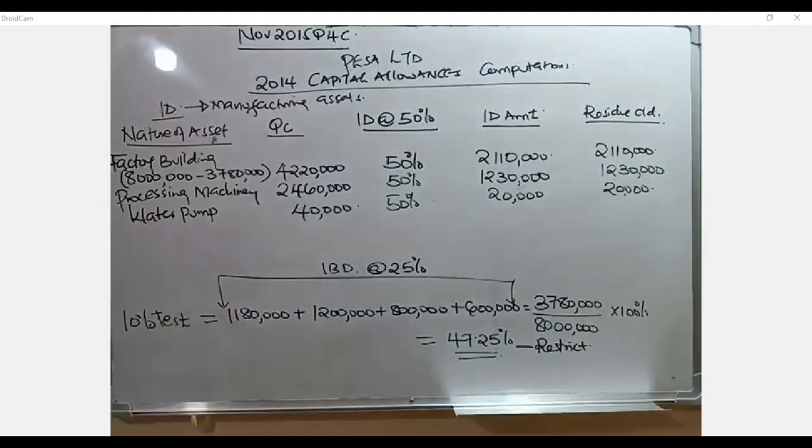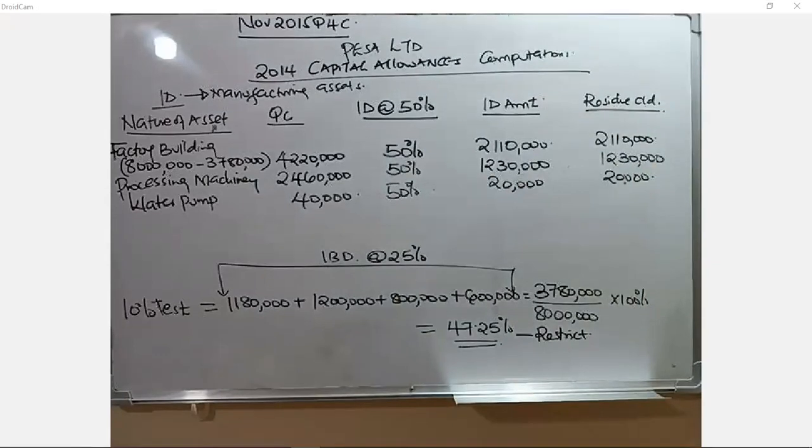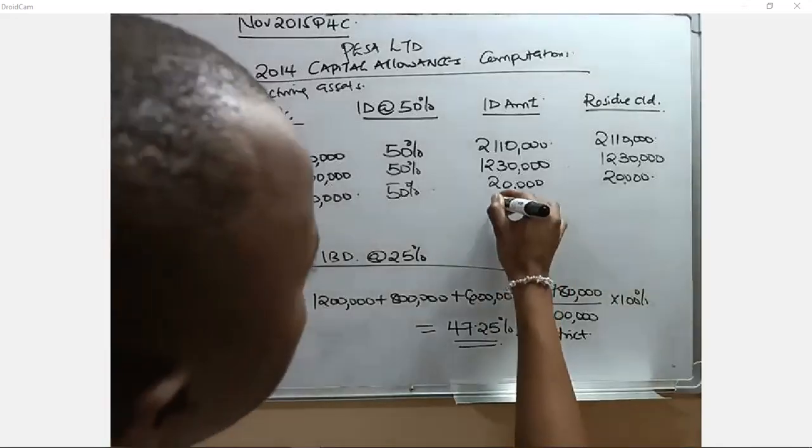Now, after the water pump, I'm being given the computer software. We have the lorries. All those assets qualify for the other problem there. Now, when I look at additional information, there is no other asset which qualifies for ID. So what am I supposed to do? I'm supposed to get the summation for the ID amount.